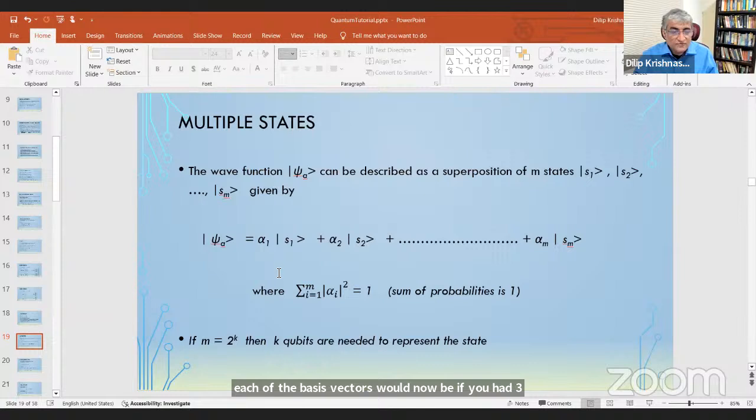It'll start with 1 followed by 7 zeros, and 0, 1, and then 6 zeros after that, and so on. And again, all the probabilities will still add up to 1. Just like we did for the two photons, we can do it for any number of photons, and we can still show that it adds up to 1.